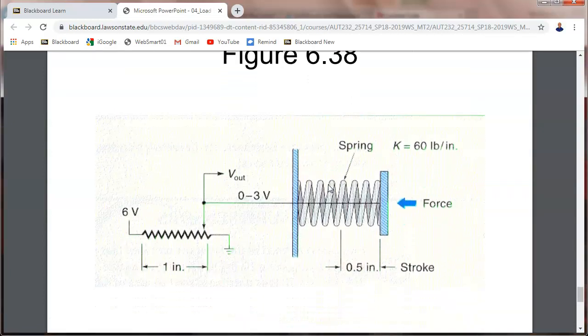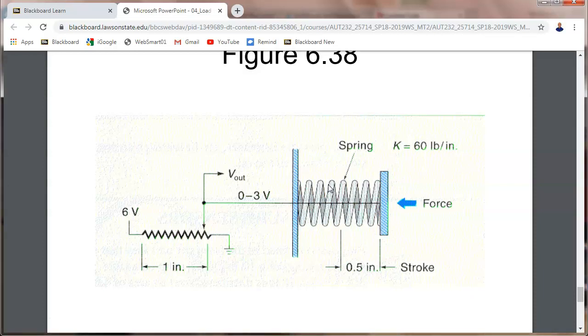So this is just another example of what this thing would do. Everybody okay? So we got 6 volts exciting, right? You understand that? And we got 1 inch of motion.